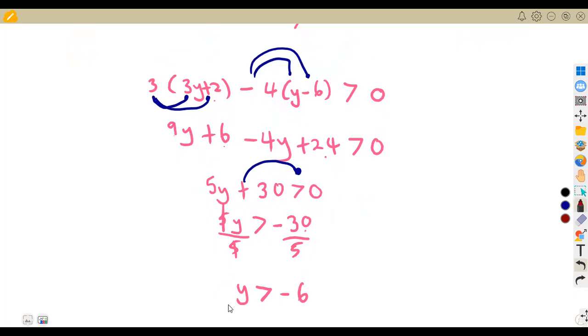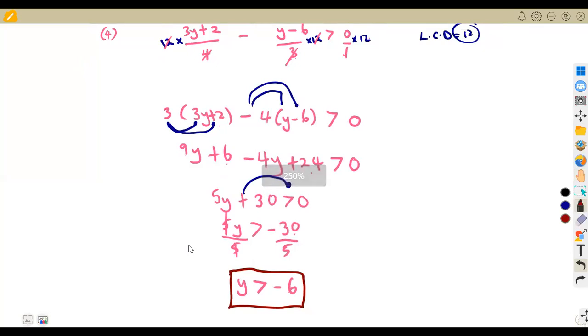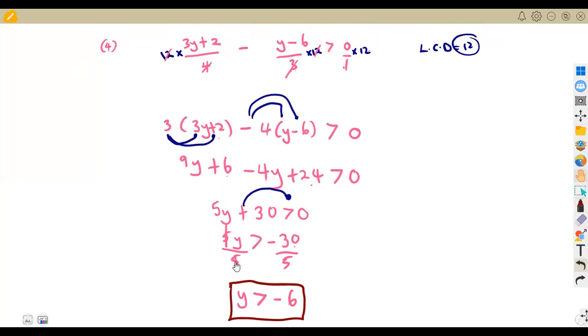So y is greater than negative 6. So like I said, do not confuse yourself on the inequality sign. It only reverses when you divide by a negative, not when you divide by a positive. This does not affect the inequality sign.